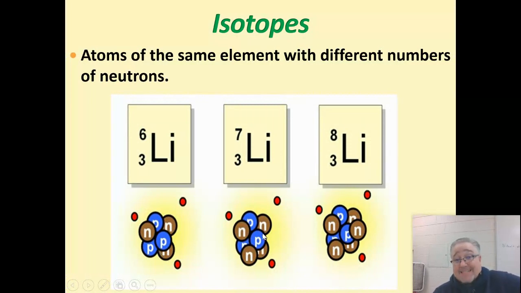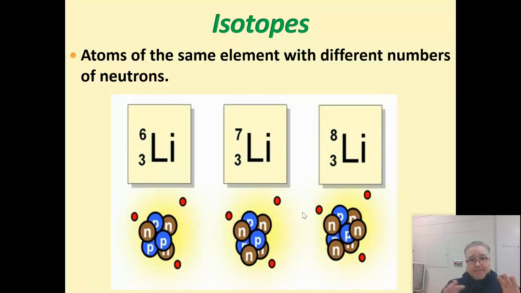In lithium-7, again, this is lithium because there's 3 protons and there's 3 electrons too. But there's 7 protons and neutrons because we have an extra neutron here. This is lithium-8. Again, it's lithium because there's 3 protons and 3 electrons. But there's 5 neutrons. So 5 plus 3 gives us 8. So these are what we call isotopes.